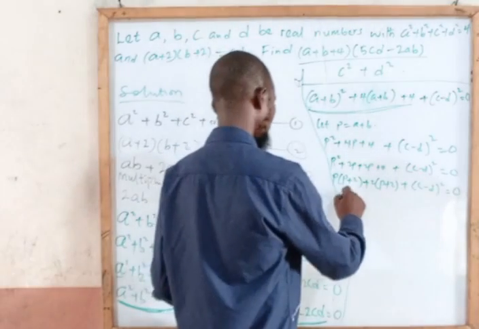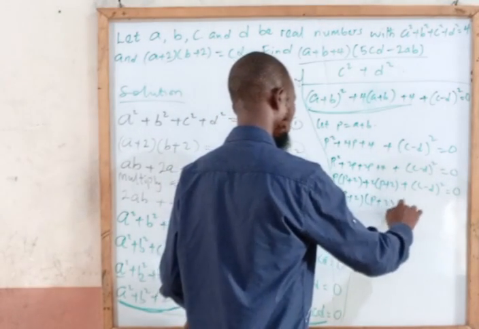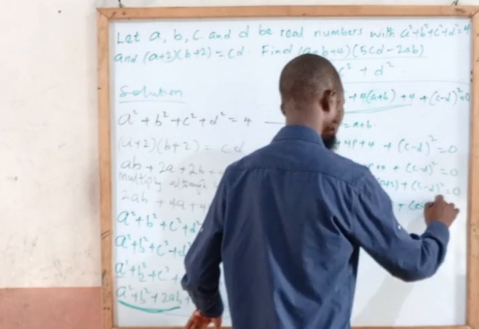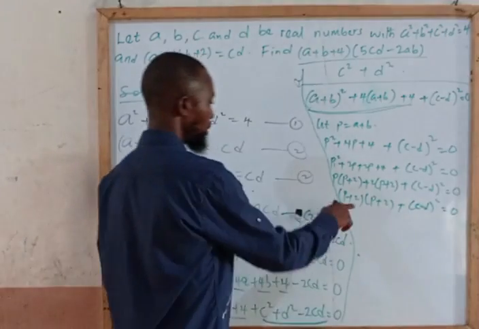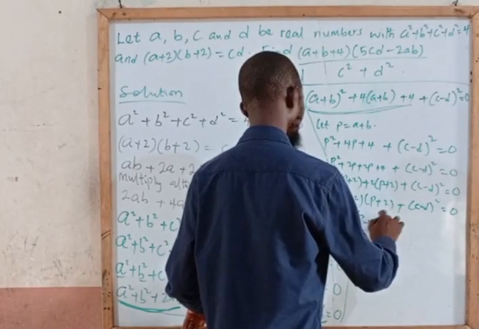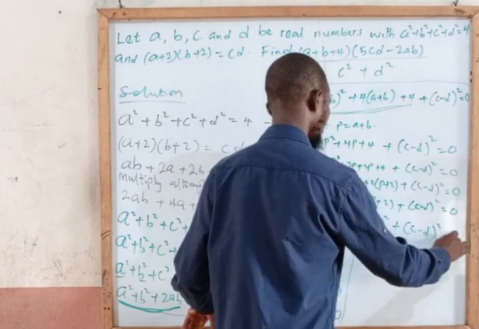We refactorize it, meaning p plus 2 into p plus 2, plus c minus d squared is equal to 0. So this is the same thing as p plus 2 squared plus c minus d squared is equal to 0.